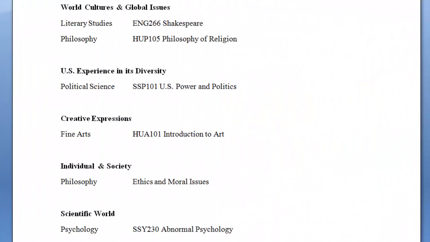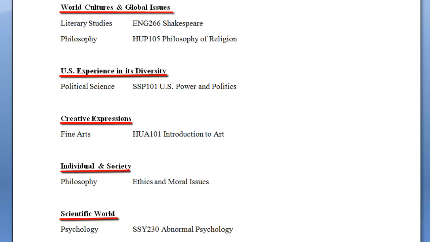So here is a summary of what we have selected in this example. 6 courses have been chosen which fulfill the 18 credits required in the Flexible Core. First, there is a minimum of 1 course in each of the 5 categories: World Cultures and Global Issues, U.S. Experience in its Diversity, Creative Expressions, Individual and Society, and Scientific World. Second, there is 1 additional course which can be selected from any category.